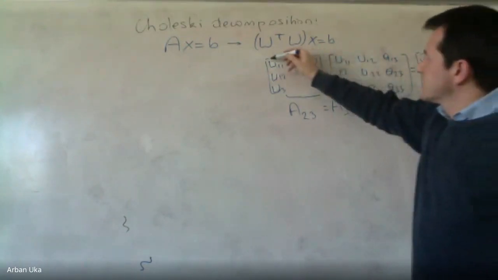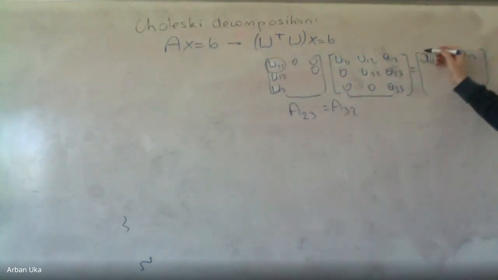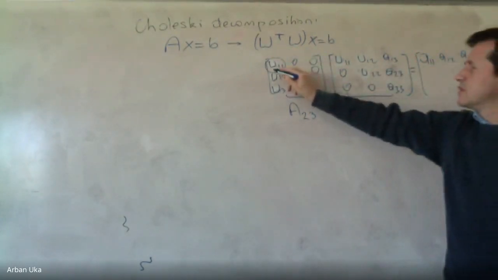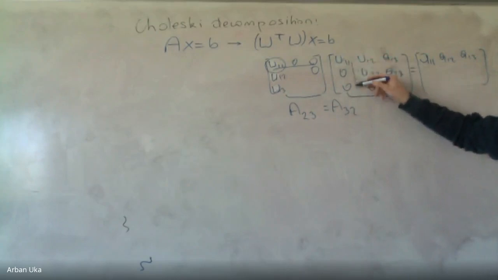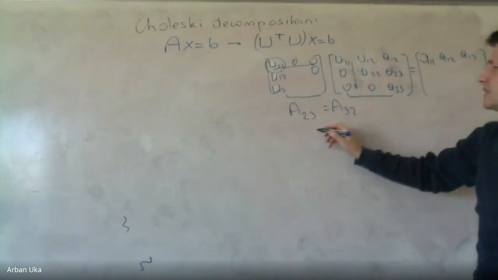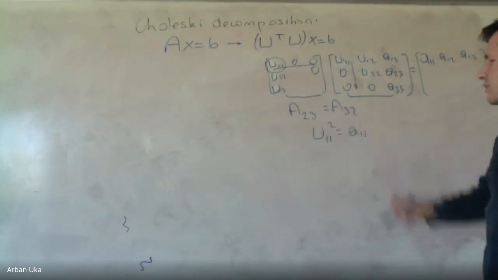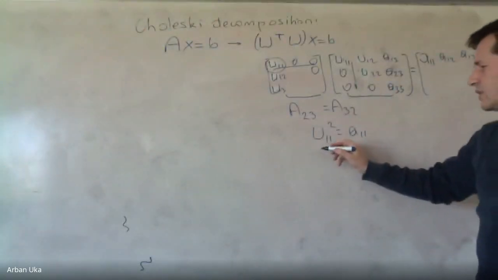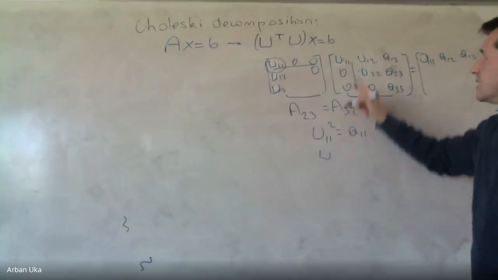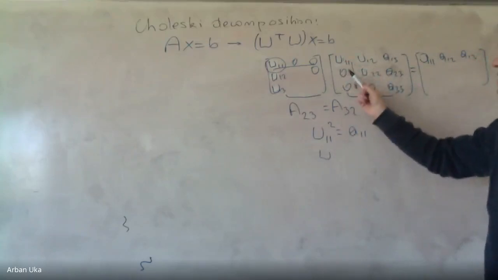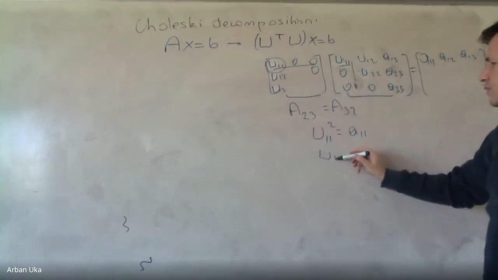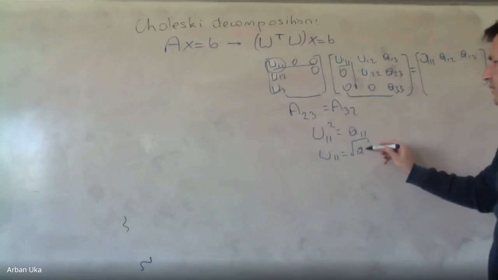So if we look just at the first element, how do we get A11? We get it by multiplying the first row with the first column. From here, U11 squared is equal to A11, so this unknown element is going to be equal to the square root of A11.